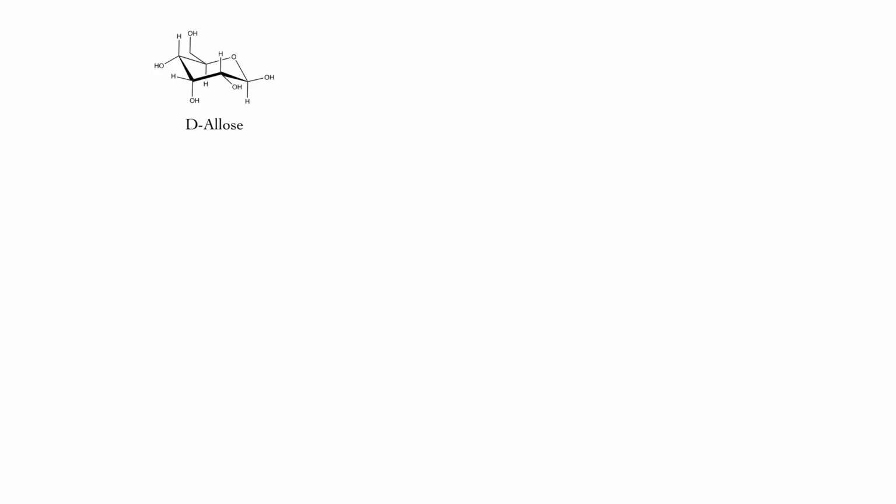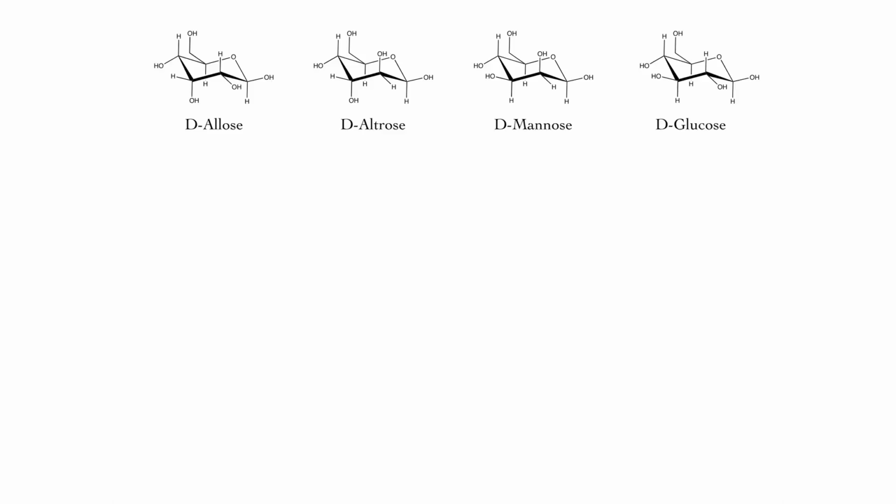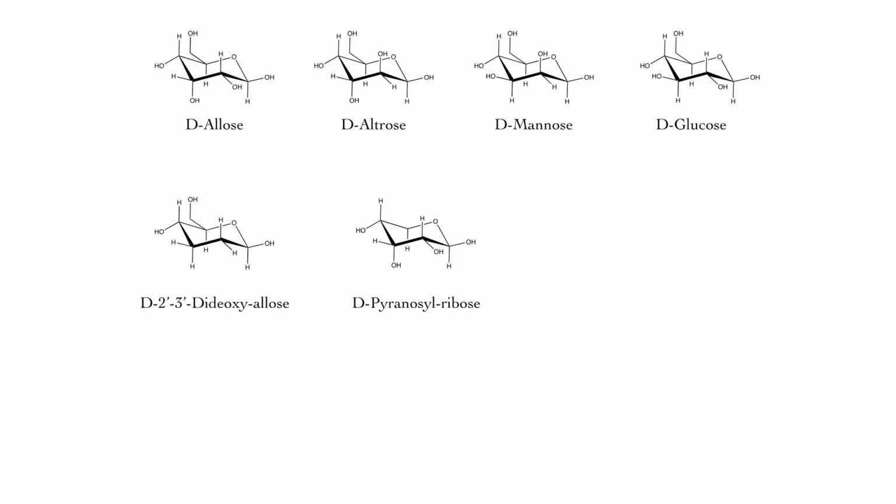So here we are. This is allose, maltose, mannose, and best known D-glucose. And some dideoxy ones, this is dideoxy allose. You've got 2', 3'. That's just allose without the 2' and 3' OH groups.